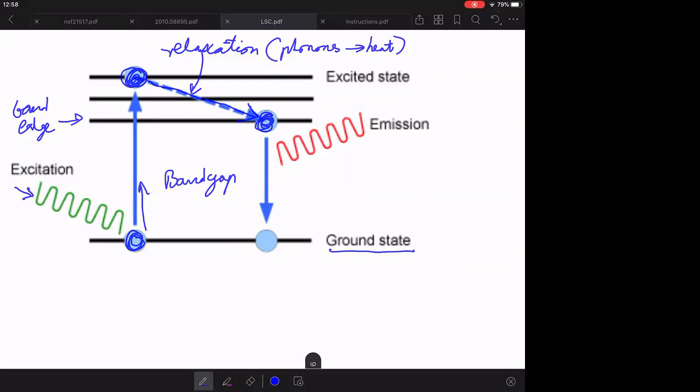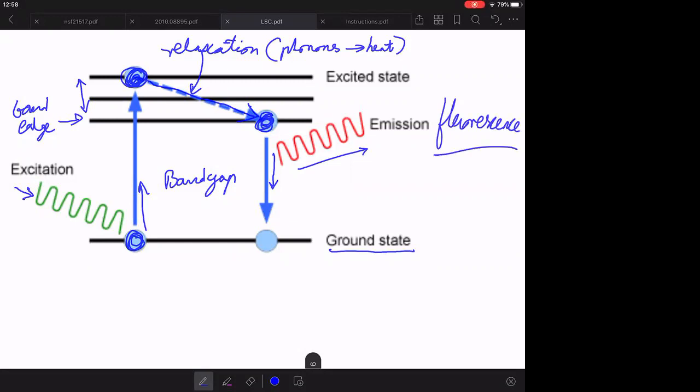So this is not so important for us, except the fact that you have lost some energy. This is related to the Stokes efficiency. Then, if we are lucky, or the molecule has been designed properly, it will relax back to the ground state by emitting a photon. And this is the fluorescence that we actually see.